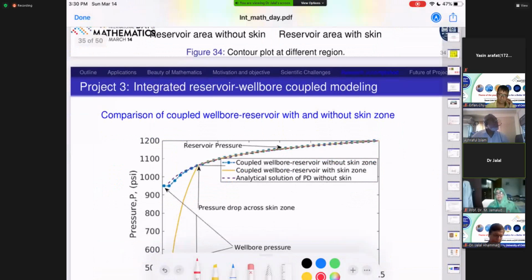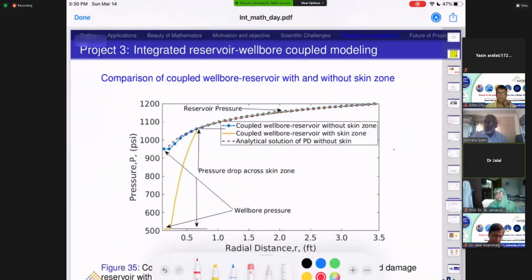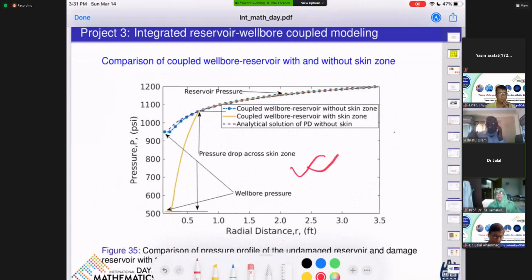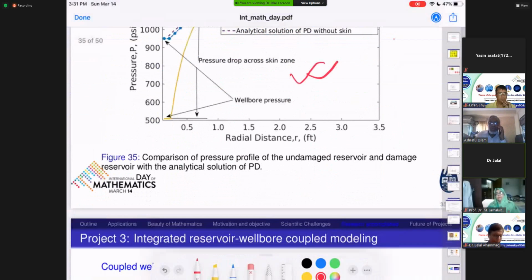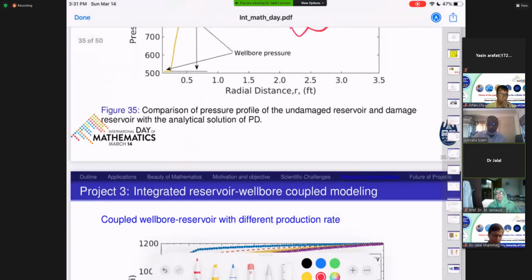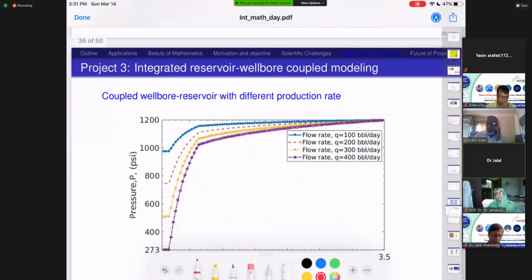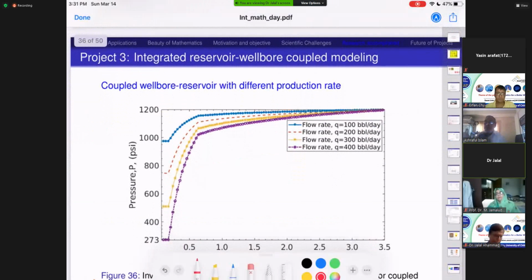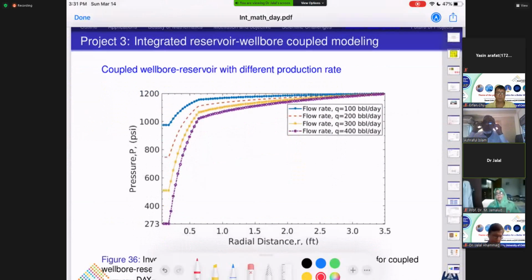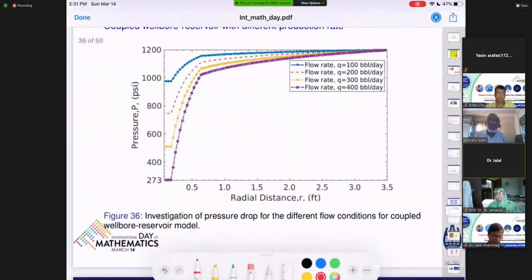We have analyzed this pressure control in this figure. Now we try some different simulations of how flow rate affects the pressure drop with time, real distance, and with time.